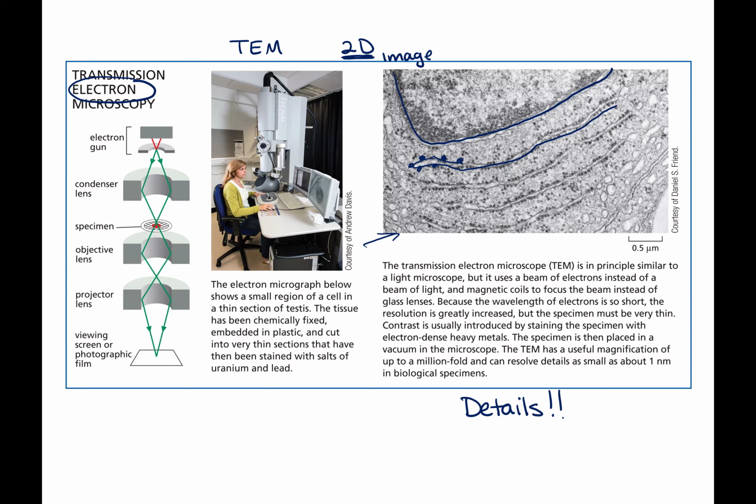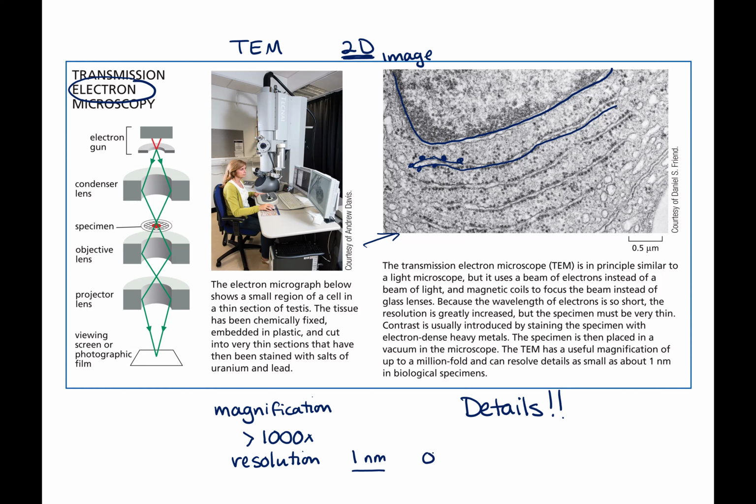So the magnification, I've seen all kinds of crazy numbers, but we're just going to keep it as greater than 1000x. The resolution can get down to about 1 nanometer.